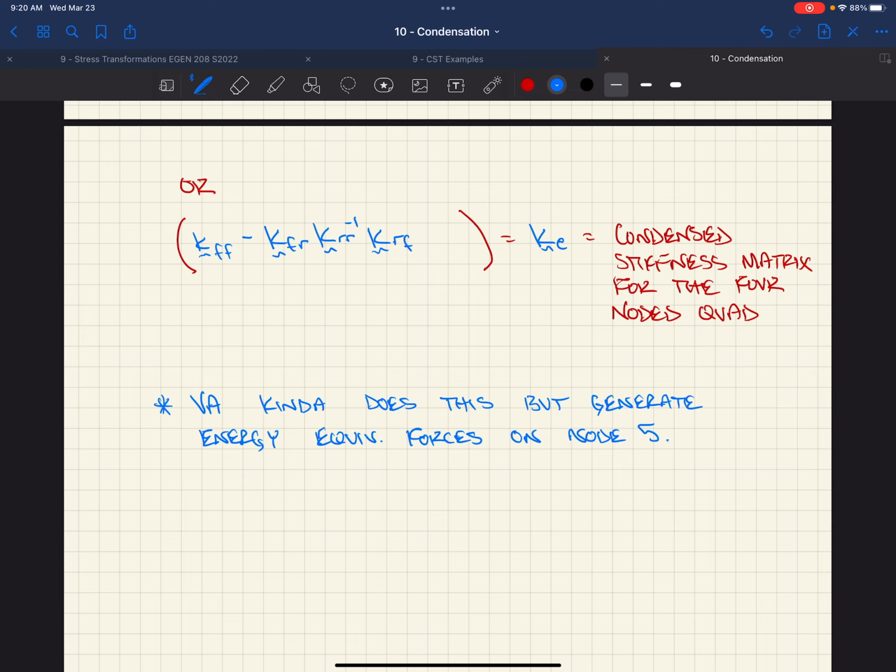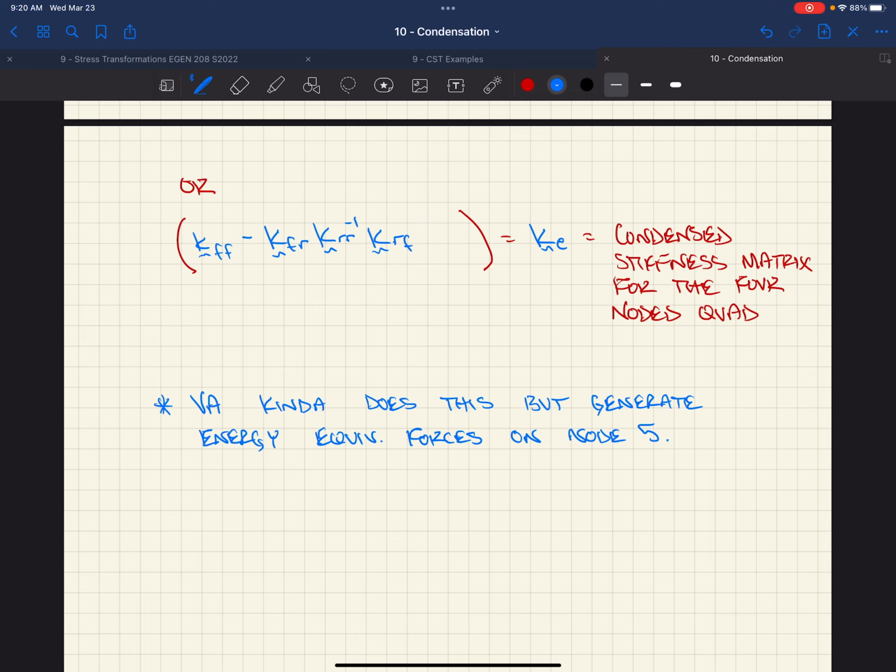Okay. If you had body forces, like self-weight, if you had surface tractions, if you decided to apply some sort of load in plane, or even in VA, you can do out-of-plane forces, right? We'll talk about thick plates. When you do that, it takes the energy equivalent loads based on establishing this 5th node in there, and it'll apply the loads to that node.